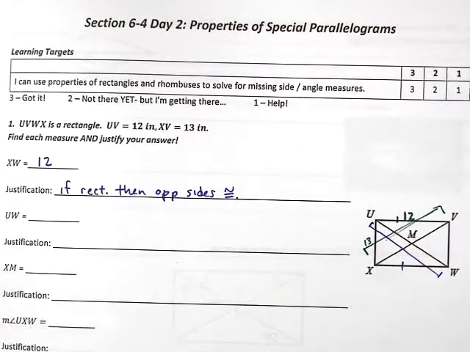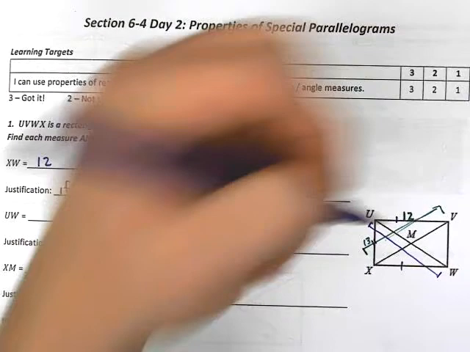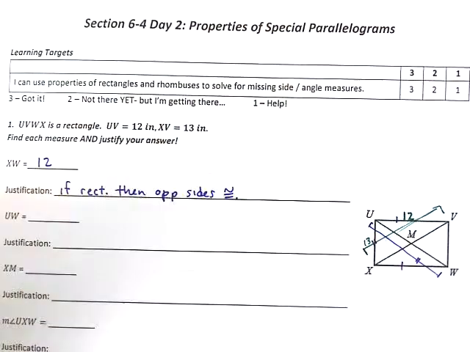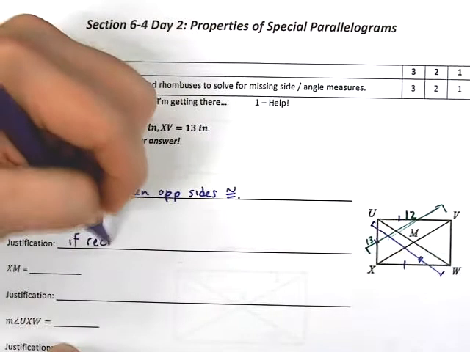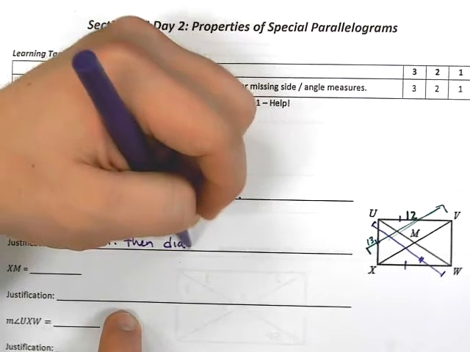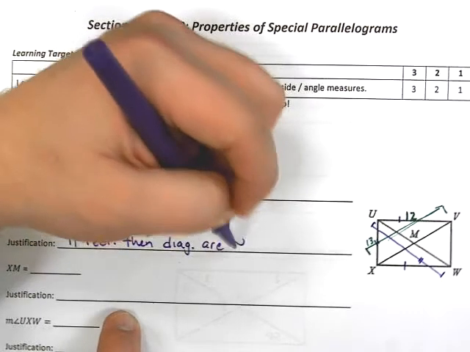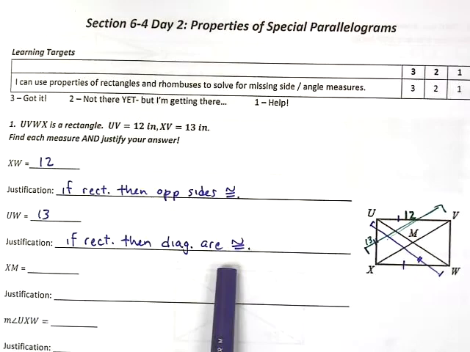So I know that if I have 13, I also have another 13 over here. And why is that? Because if rectangle, then diagonals are congruent. Careful, this is different. We're not bisecting the diagonals right now, yet at least. We are saying that the diagonals are congruent.